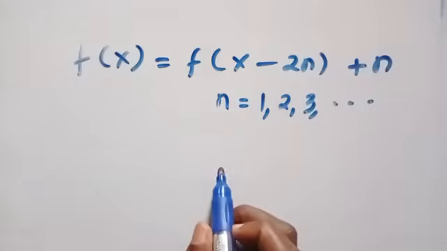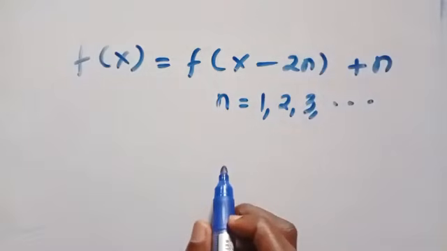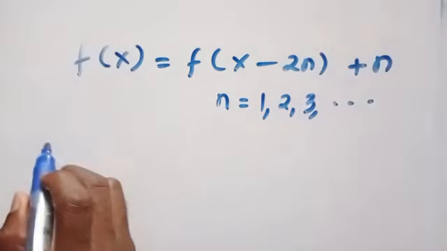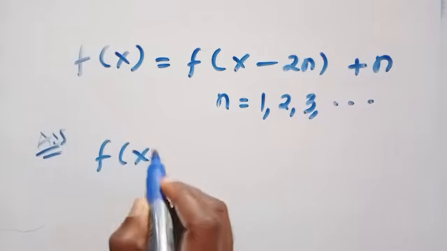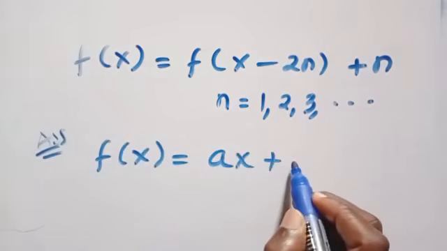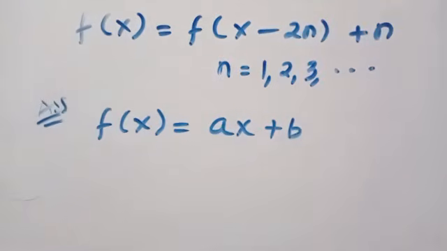But if you look at this pattern, we see a linear relationship, in the form of a linear function. So we now assume a linear function. Let's say f(x) = ax + b.